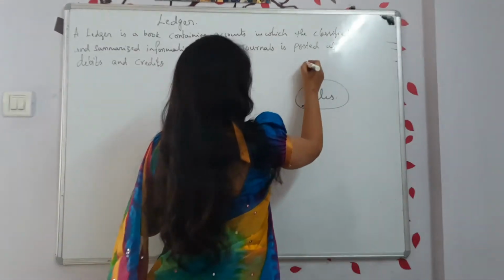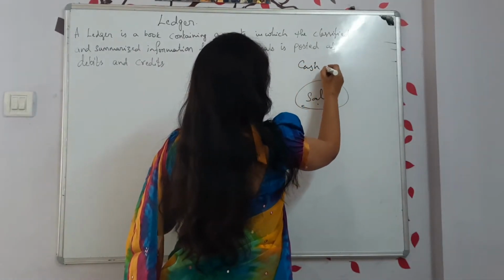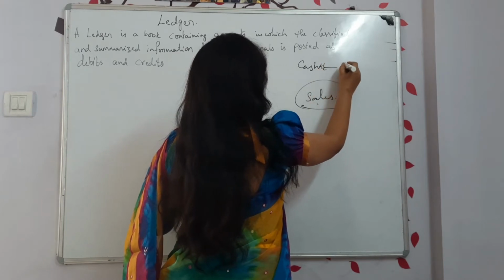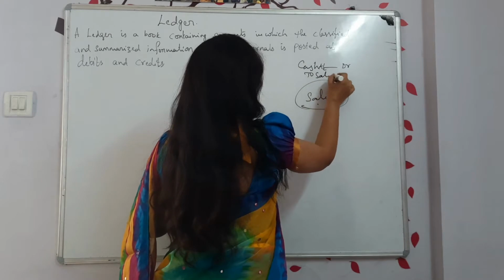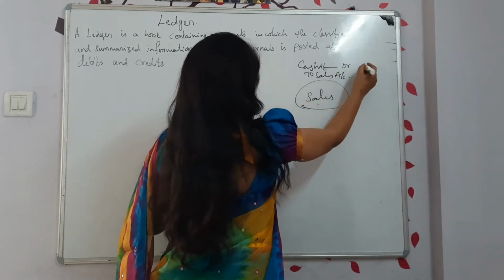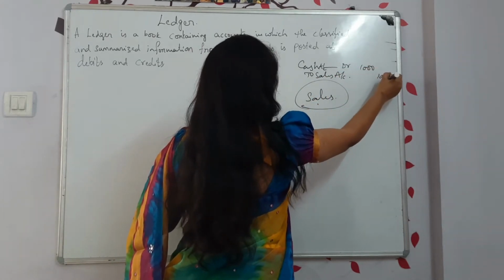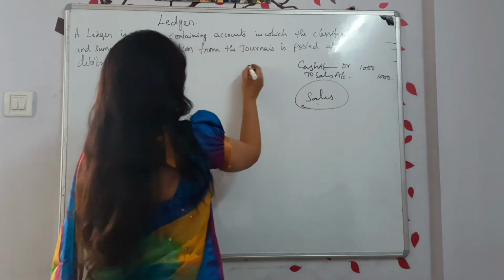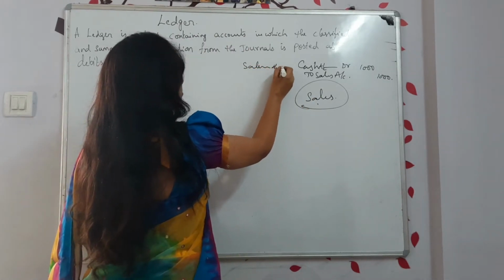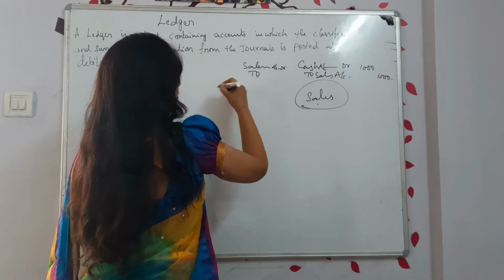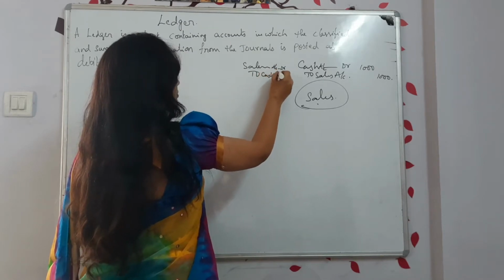Okay, I will give you an example instead of saying so many. Cash account debit to sales account. That is the first one I found. Here 1000 and again 1000. And again I found I have paid the salaries on the other day. Salaries account debit to cash account.